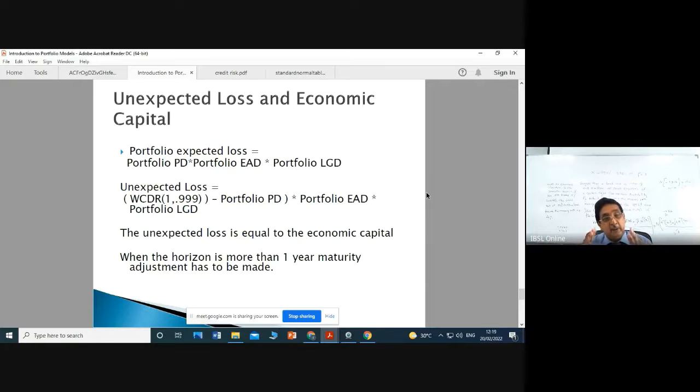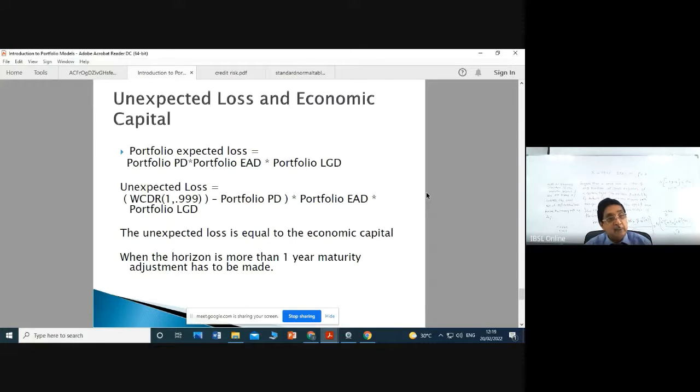At the same time, as per the regulations, there are several impositions the bank has to go through, and they have to have capital for those things. But economic capital is the capital you can use for any unexpected, extraordinary situations.